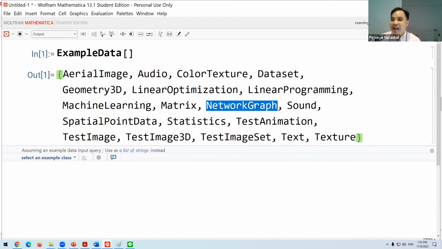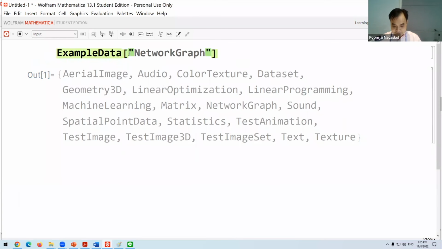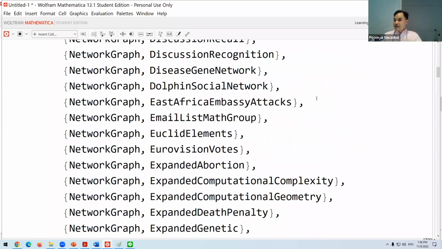Network refers to application, graph refers to mathematics. So, network graph. Let's say I copy network graph. There's a whole bunch of them.